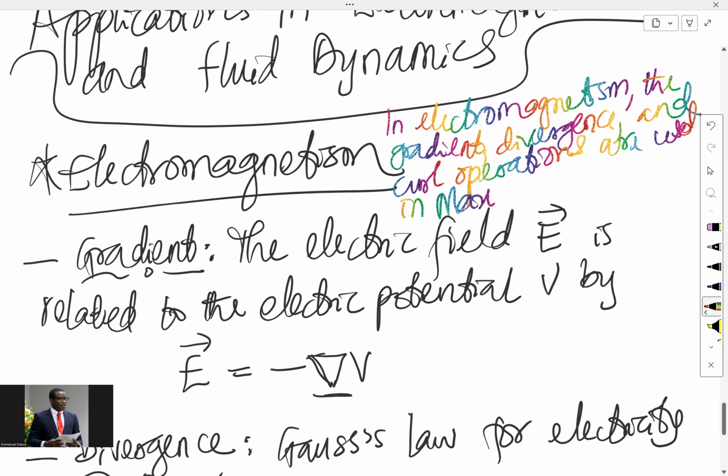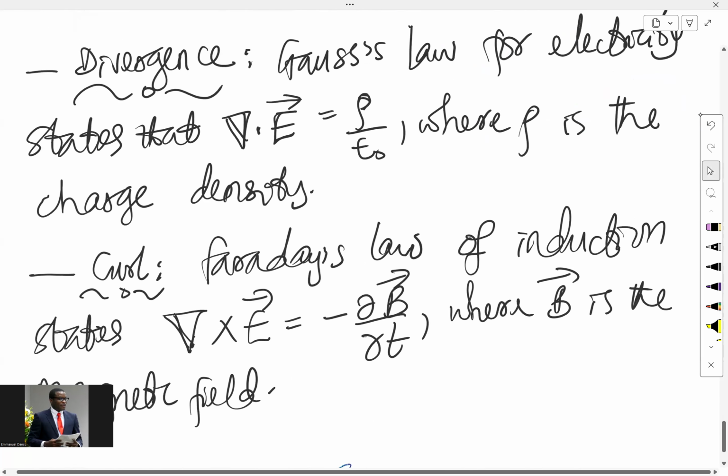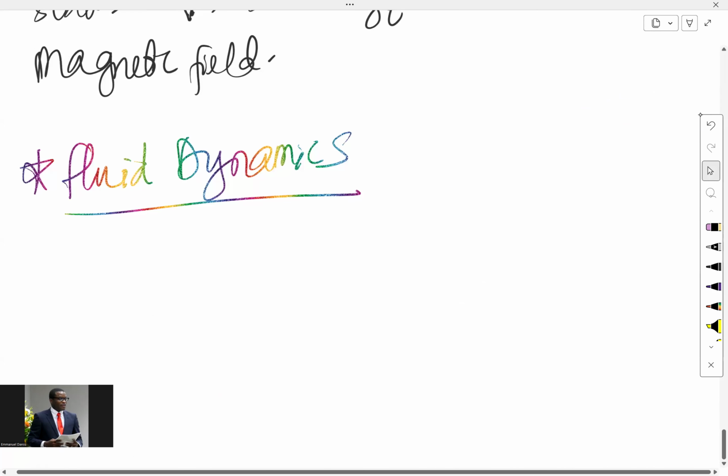All these things we broke down are actually part of Maxwell's equations: the electric field and electric potential, Gauss law for electricity, and Faraday's law of induction are all part of the Maxwell equations.